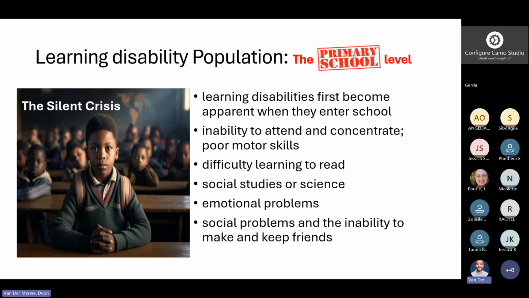And today, it has been combined under the umbrella term neurodevelopmental disorders.